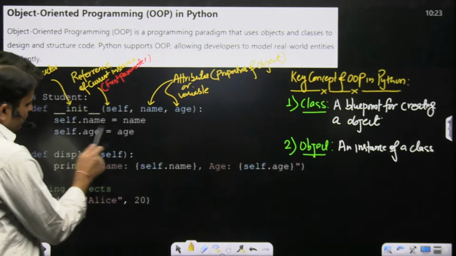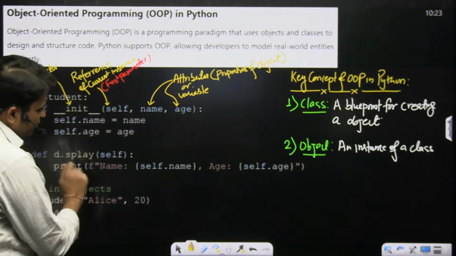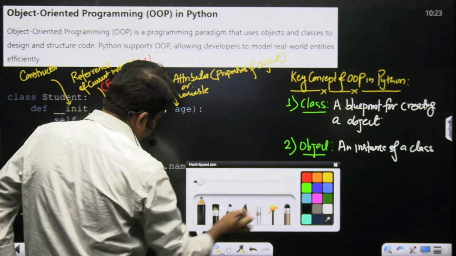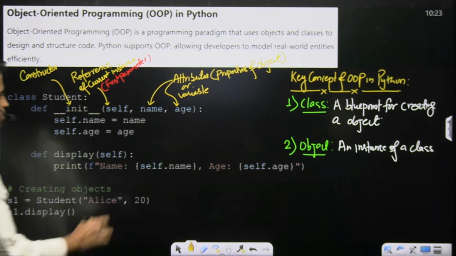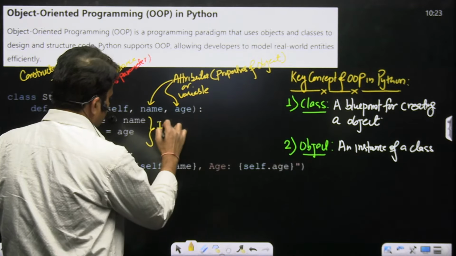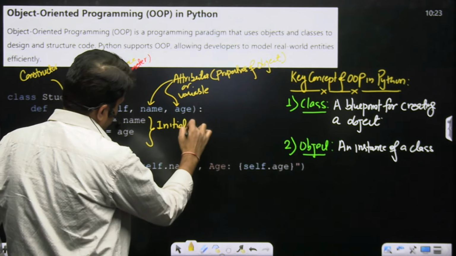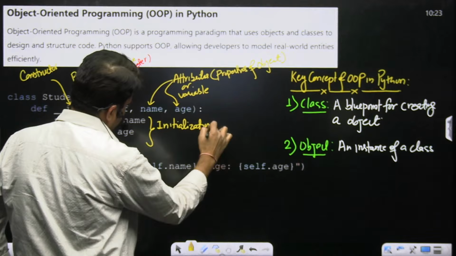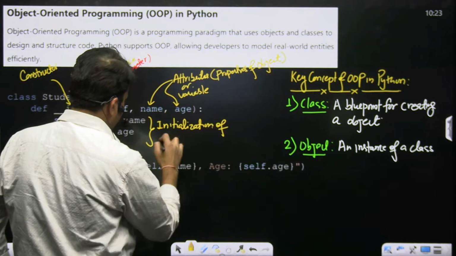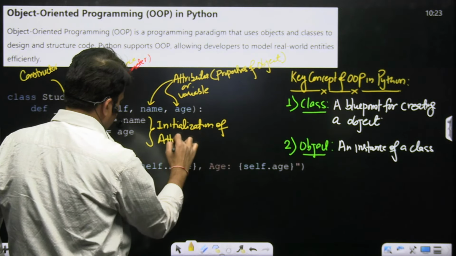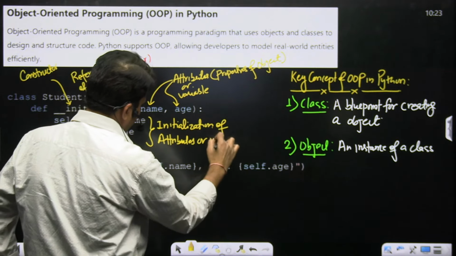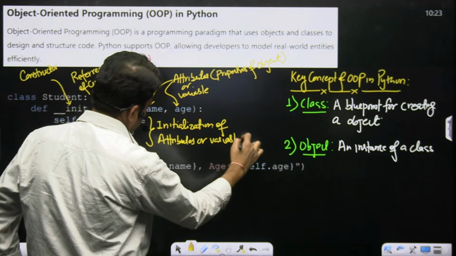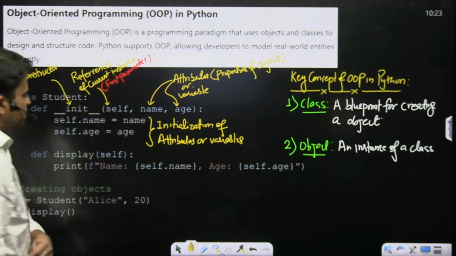What is happening here is the initialization of attributes or variables. This is the initialization here.